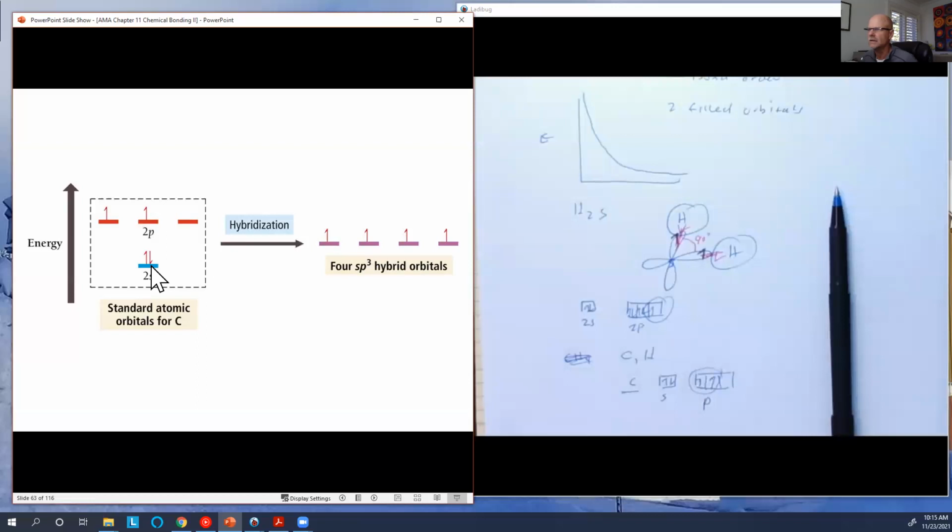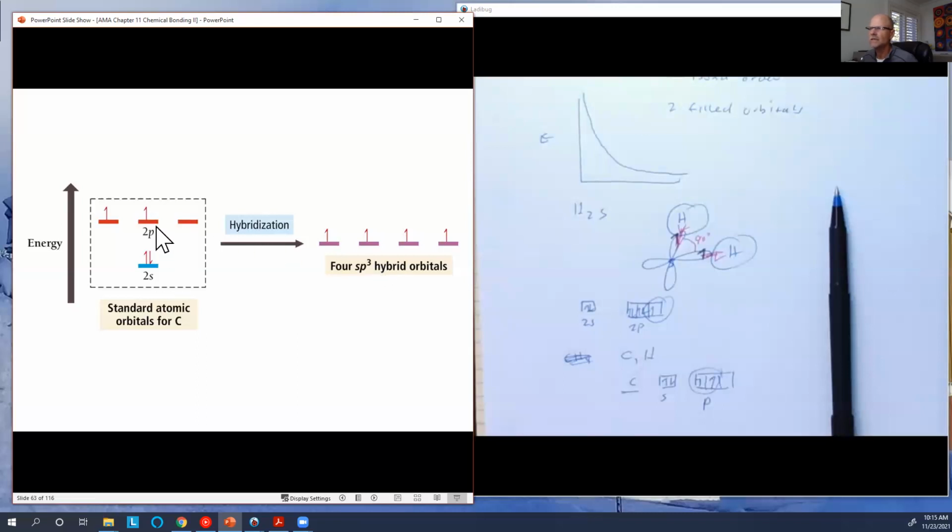So in this case, we're mixing an s and 3 p's. We put 4 in, we get 4 out, okay? These 4 hybrid orbitals, we label them sp3 hybrids. Why sp3? Because they're a combination of 1 s and 3 p. So this is a mathematical mixing of orbitals to form these hybrid orbitals.